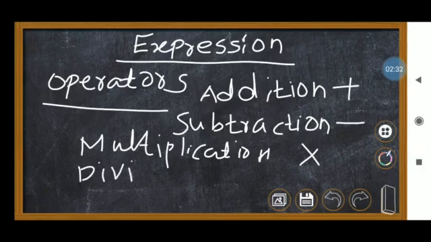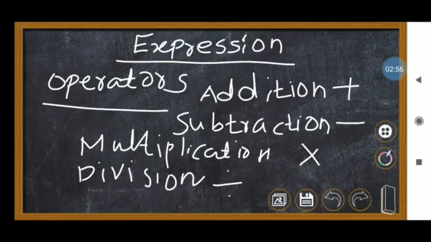These are the basic operators. These are the various symbols we can use. Addition means we can add numbers, and likewise subtract, multiply and divide. So these are the basic operators.